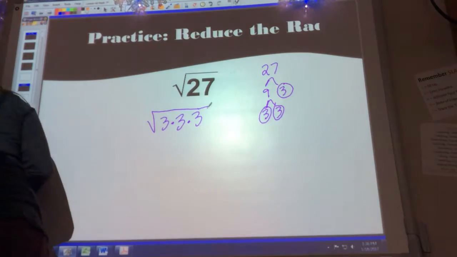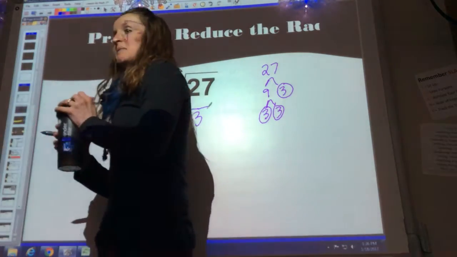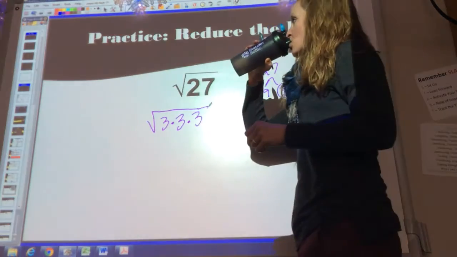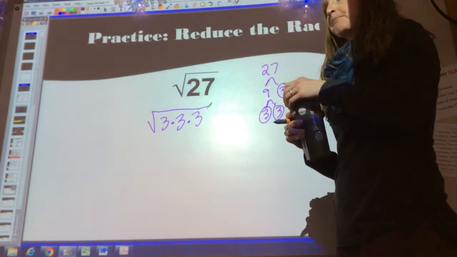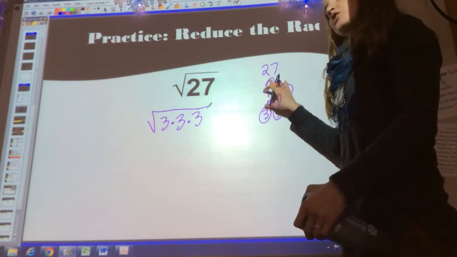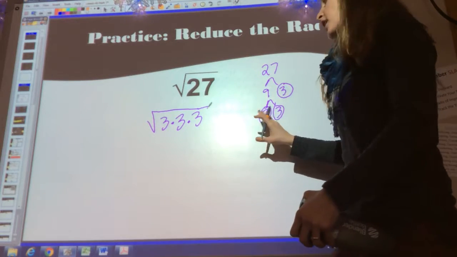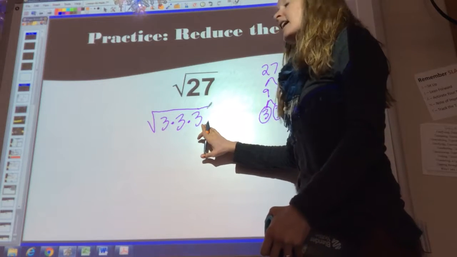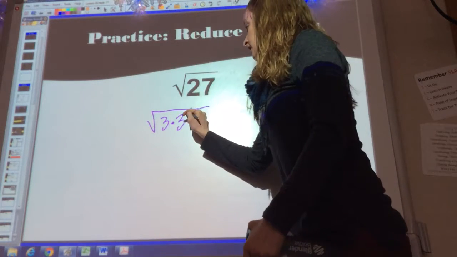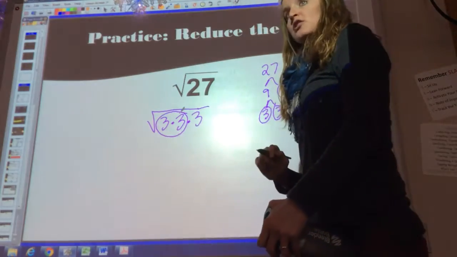Now today you're going to learn how to simplify. You ready? When we simplify, we will always do the prime factorization. Then we will rewrite our square root with the prime factorization inside, and then we circle pairs. So right there, you see how there's 2 3s?